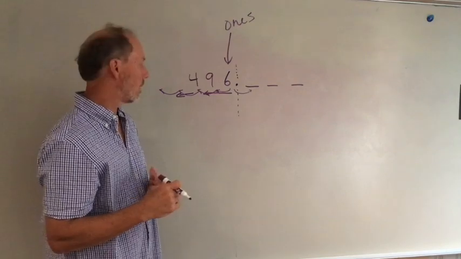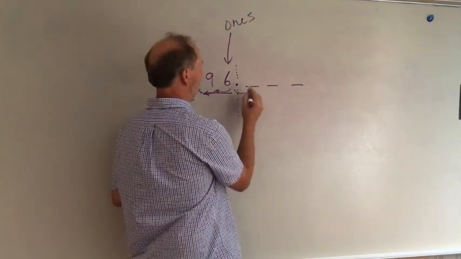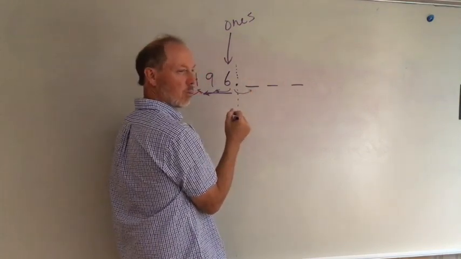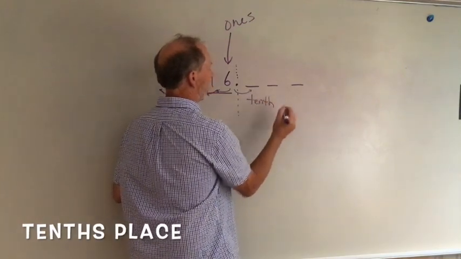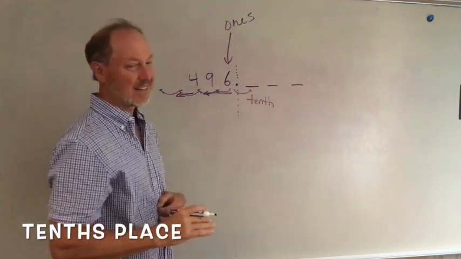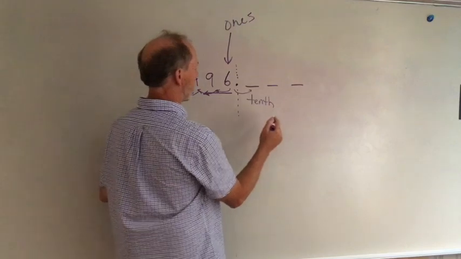Cool? All right. Let's think about it like this. This place here, what's 1/10 of 1? It's the 10th place. Right there, the 10th place. Not the 1th place. It's the 10th place.